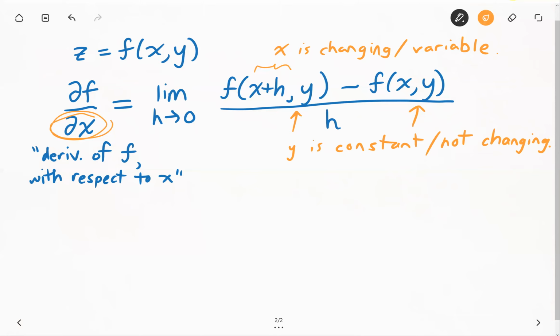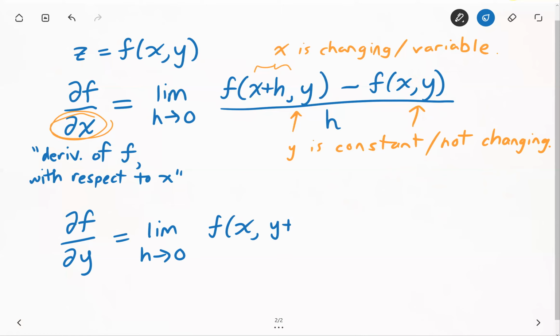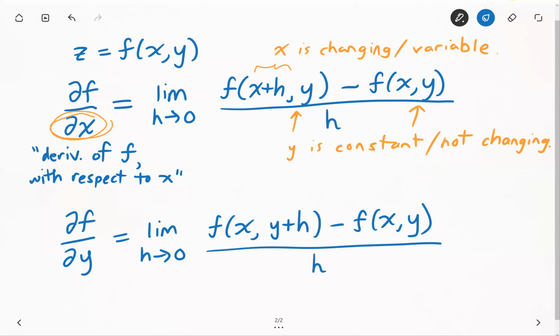We could make a similar definition if we wanted to learn about the rate of change of f with respect to y. And this would still be defined in a similar way. The limit as h goes to 0, f of x comma y plus h minus f of x comma y, all divided by h.